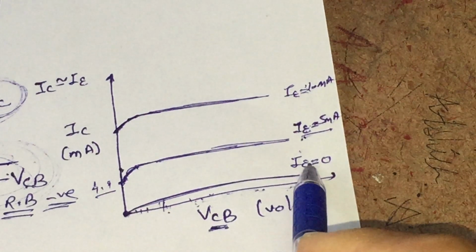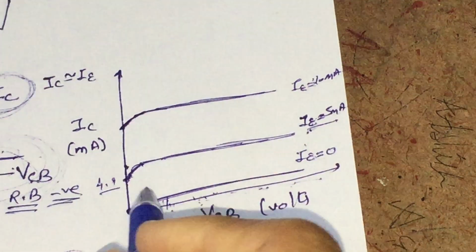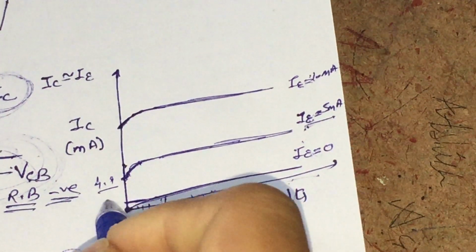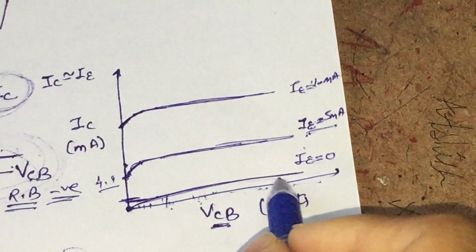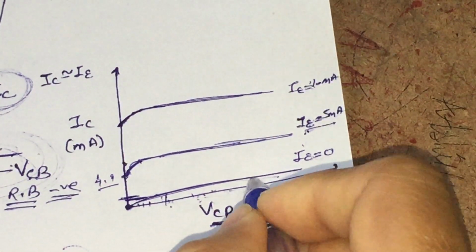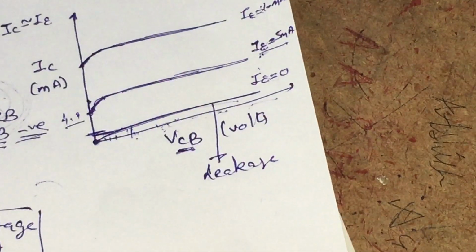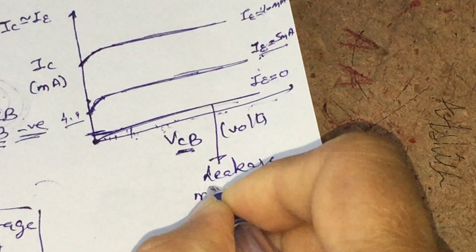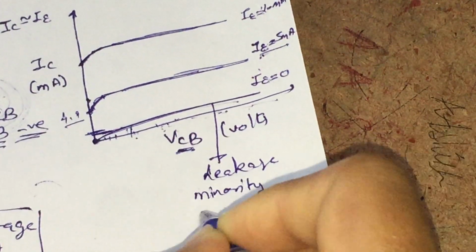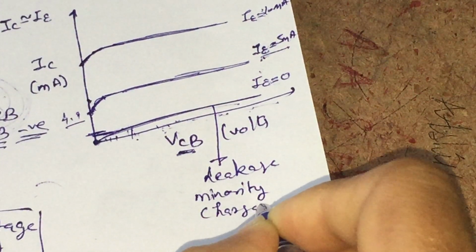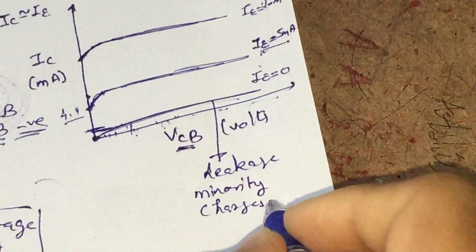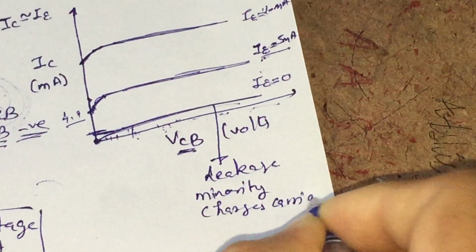When there is no emitter current, there is some collector current in this region, and this collector current is nothing but the leakage current, and it is due to the minority charge carriers in the base region and in the collector region.